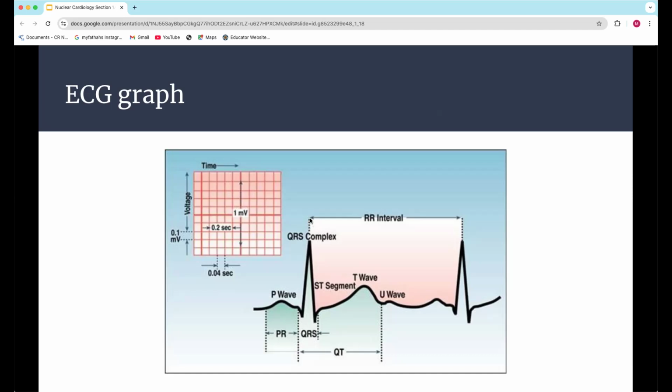So we often use in nuclear medicine what's called the R to R interval. We'll talk more specifically about this when we talk about perfusion studies and stress tests, but when you're taking images of a heart after you've performed a stress test and you're looking at cardiac blood flow, you're going to attach a 3-lead EKG. That 3-lead EKG is for what they call gating.